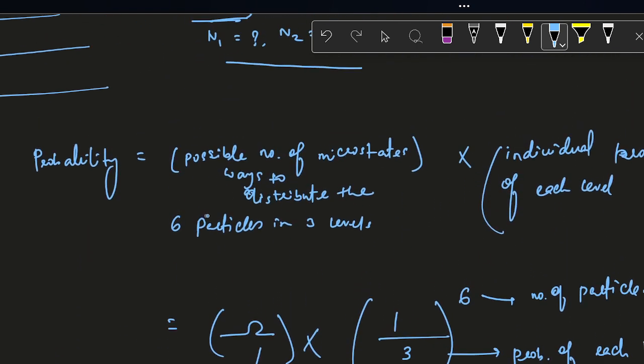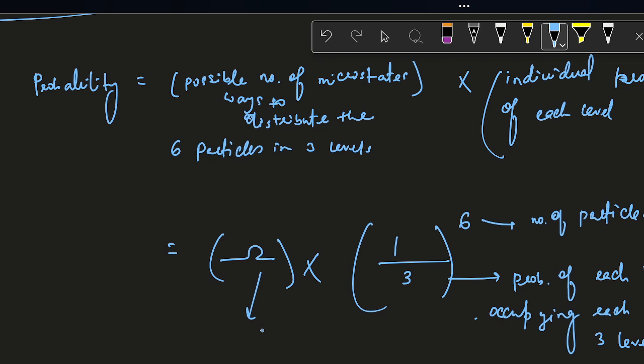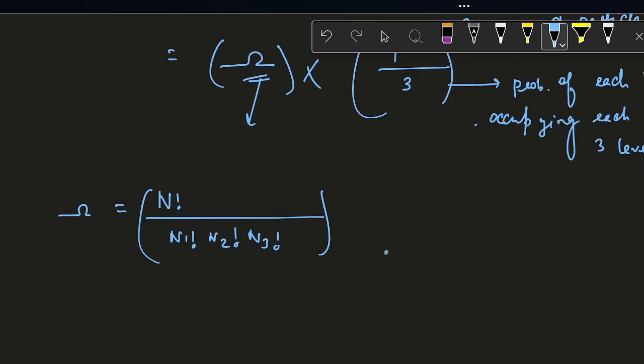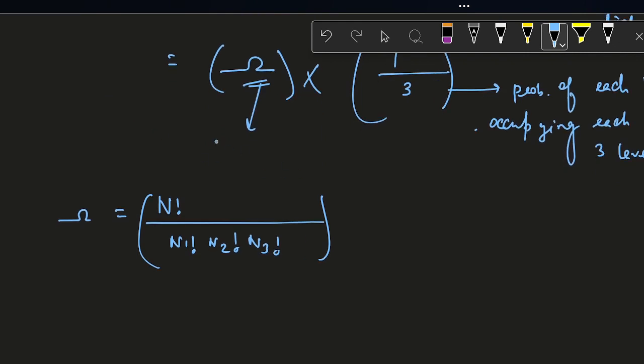Now see that in the probability you have two parts. One part is constant, 1/3 to the power 6, but what decides which distribution has the maximum value is this omega, the number of microstates. So the value of omega that is maximum will give you the maximum probability, because omega is proportional to the probability in this case. And omega will be maximum when this denominator term is minimum, because capital N is constant, 6, so we cannot change that.